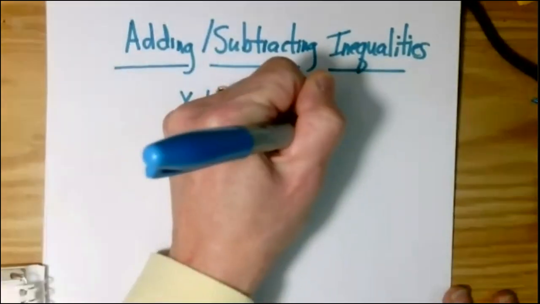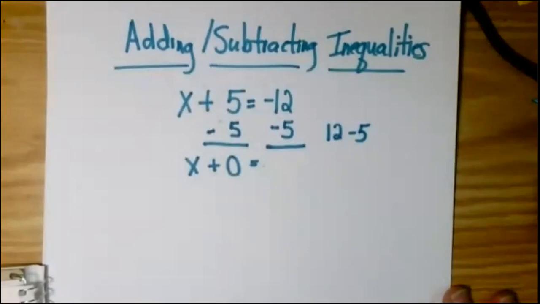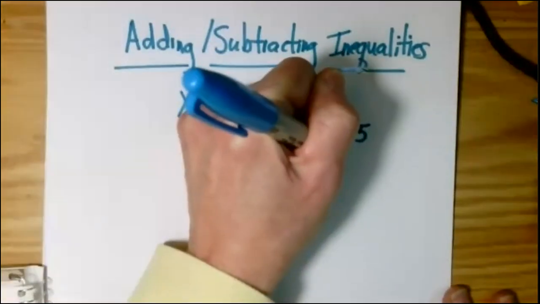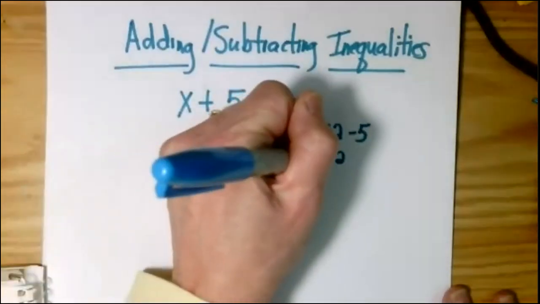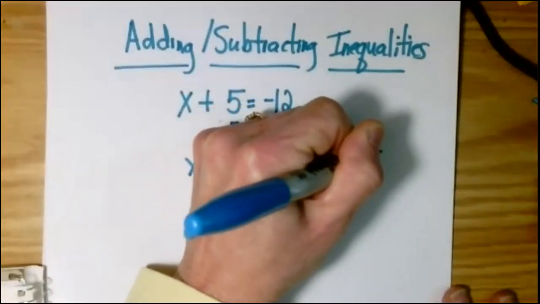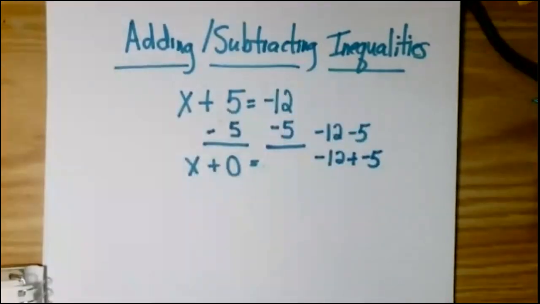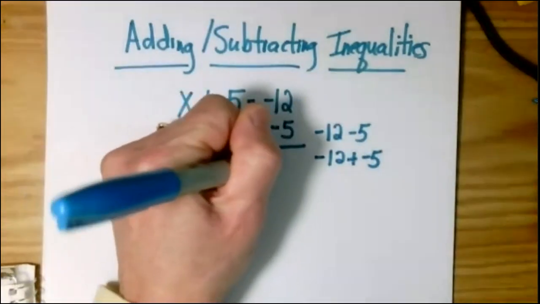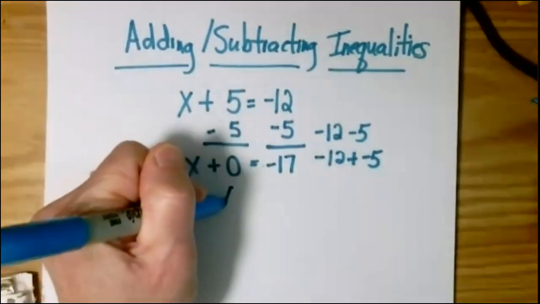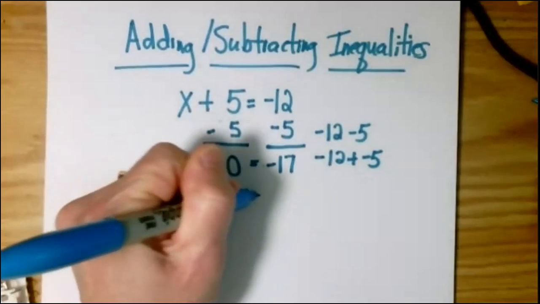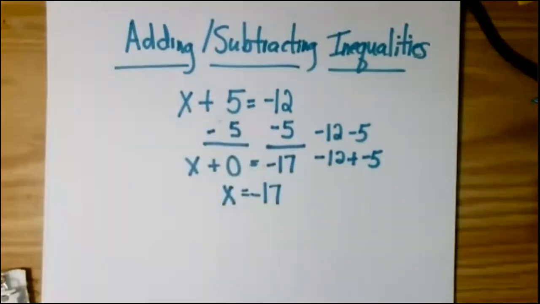Now -12 minus 5 is the same as -12 plus -5. So -12 plus -5 is -17. Drop the 0, because 0 plus any number is just the number, in our case x. X is equal to -17. So I think we're all familiar with how to do that.